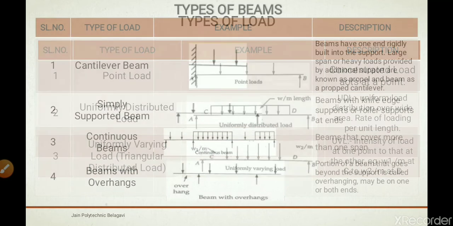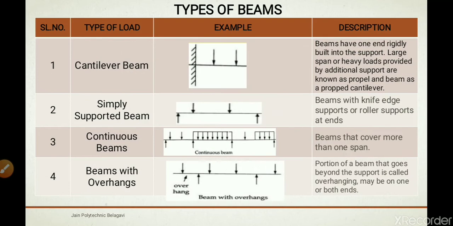So next we will try to understand what types of beams we are going to handle in this unit. Cantilever beam, you can see the example. It is fixed at one end and the other end is free, and the point loads are acting on it.